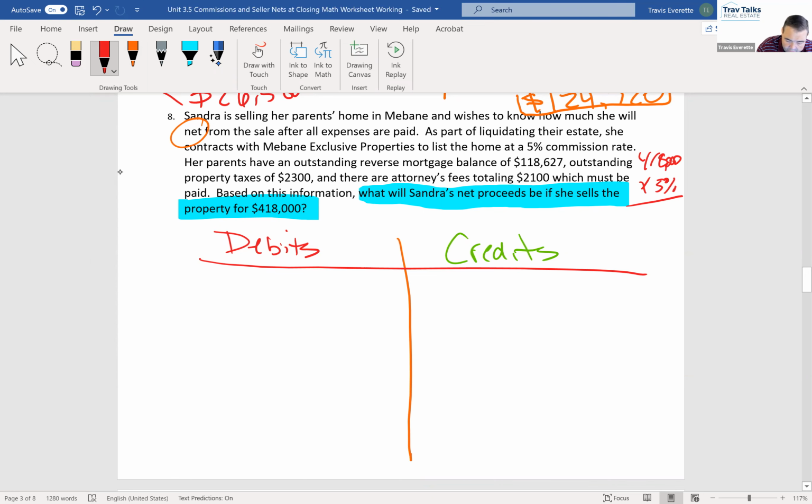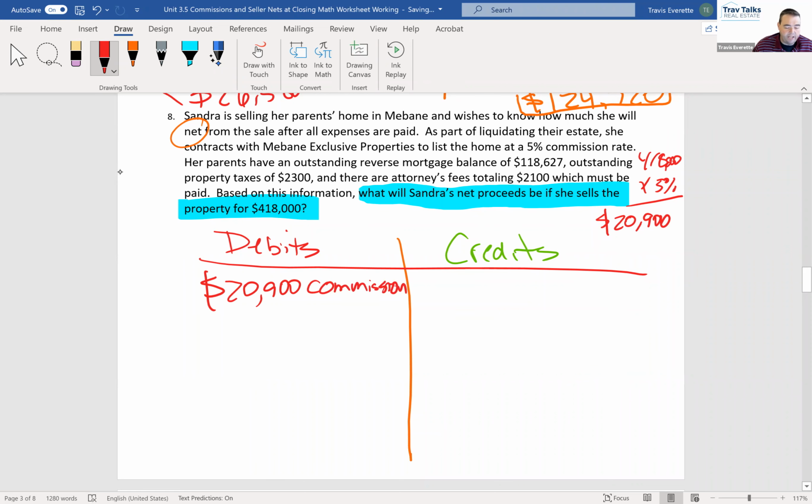That's $20,900 in commission. We already talked about the fact that commissions are definitely a debit. So that's the first debit I'm going to put over here, $20,900 for commissions. Seller's got to pay that.